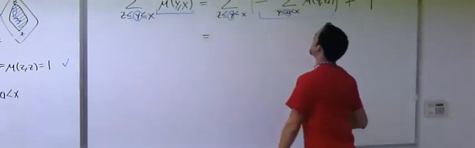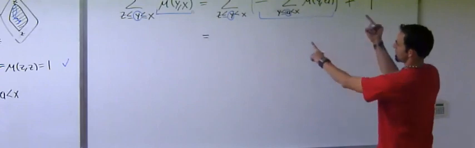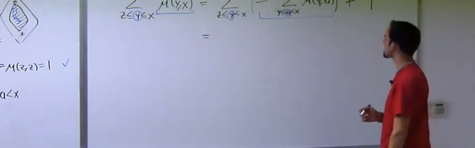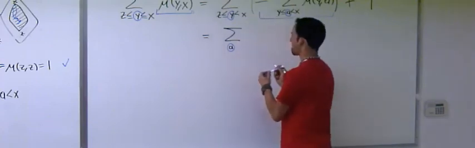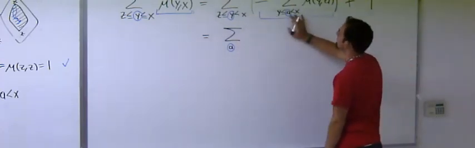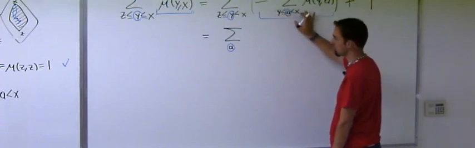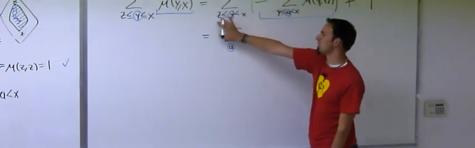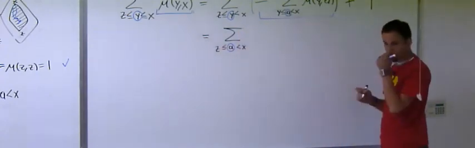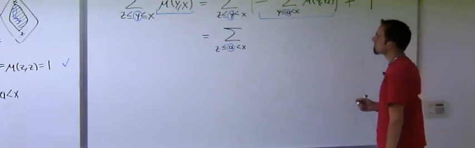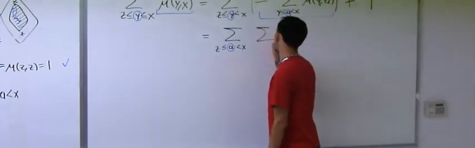Now, again, what I'm going to do is just invert the order of summation here. Okay. So first, let me sum over a. So what a's can appear here? Well, a is something between y and x, and y is something between z and x. So therefore, a is between z and x, and a cannot be equal to x. Then I get summation over y.